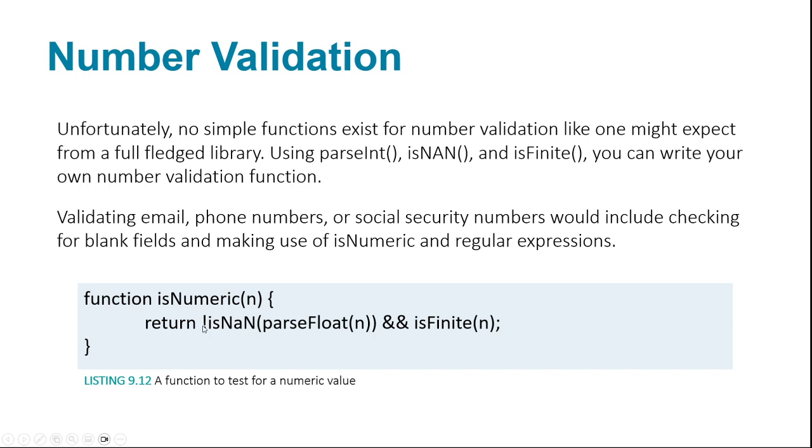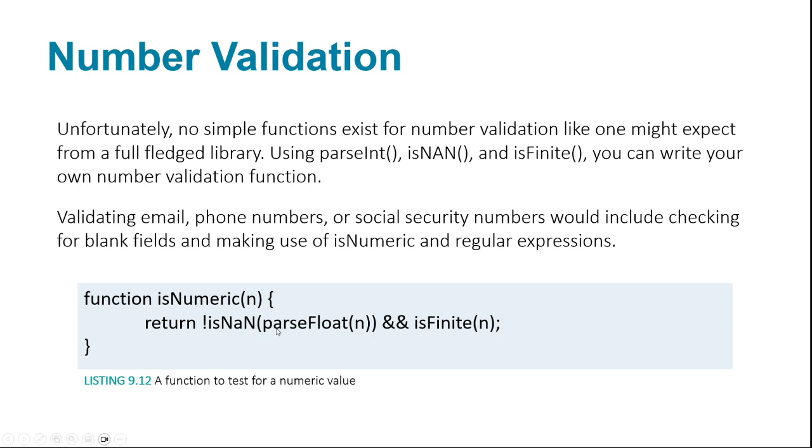So it's saying return not isNaN. isNaN returns true if it's not a number, right? So we want it to be false if it's a number, which I know seems kind of silly. So if it is not not a number, then it's a number.